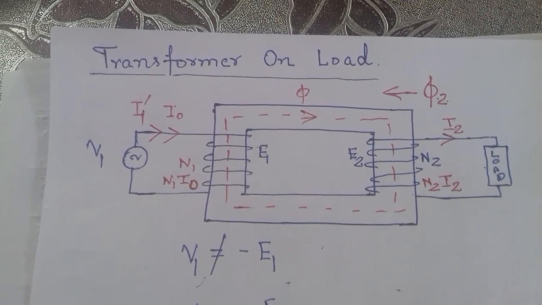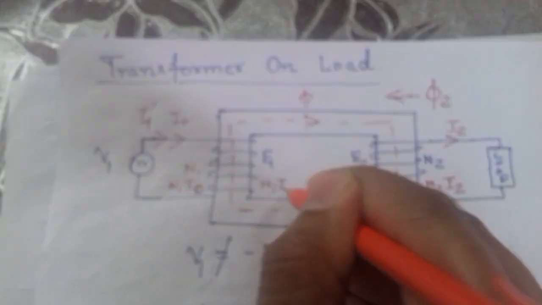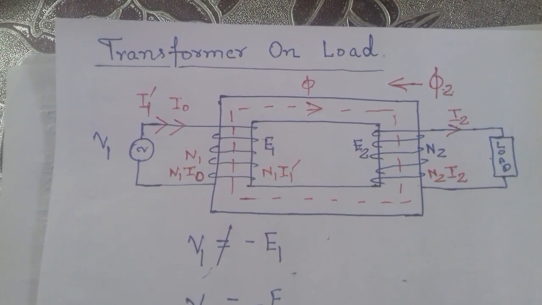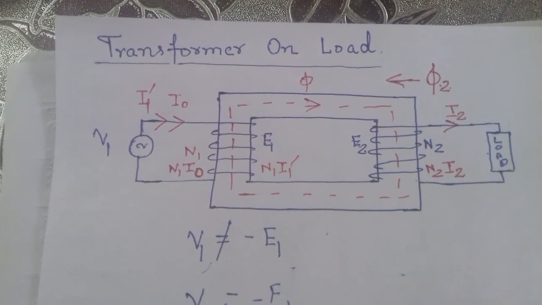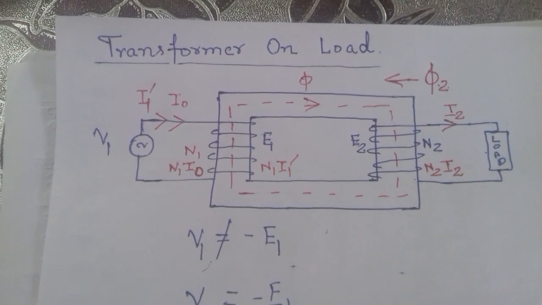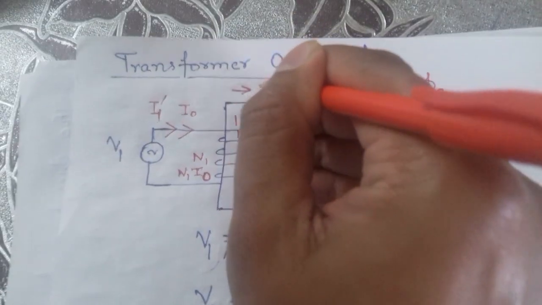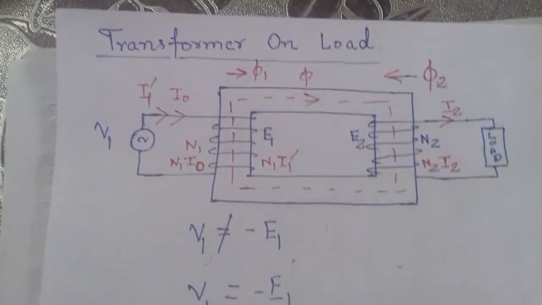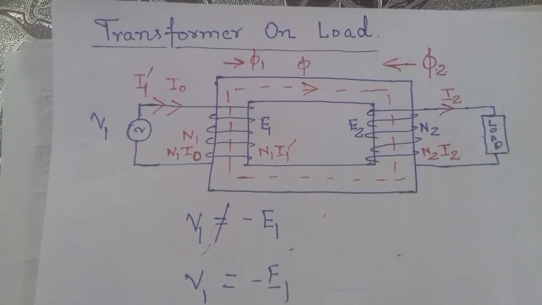So another MMF known as N1 I1 dash is produced in the primary winding, which produces another flux phi 1 in the same direction as the original flux or the main flux phi.